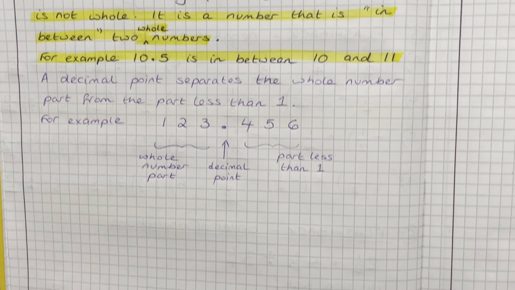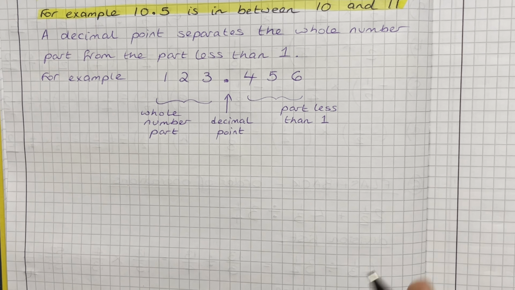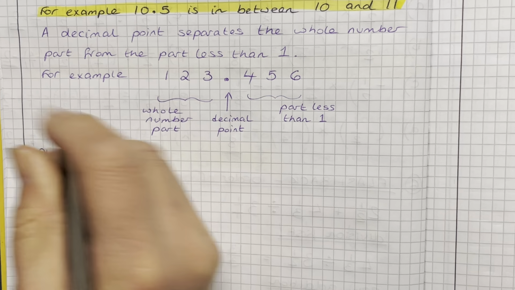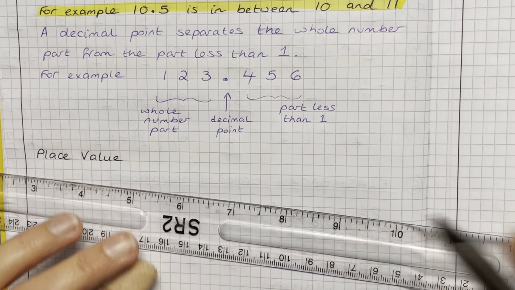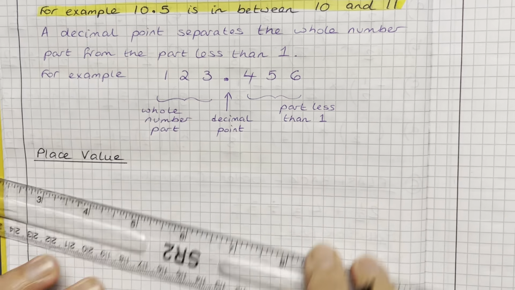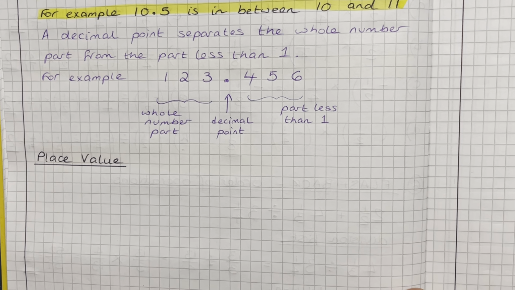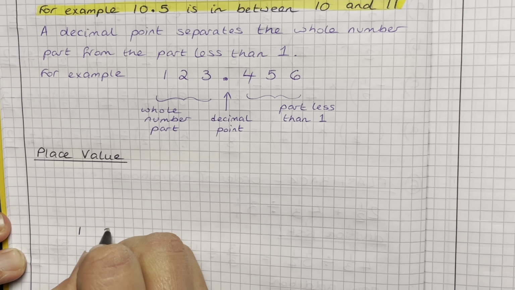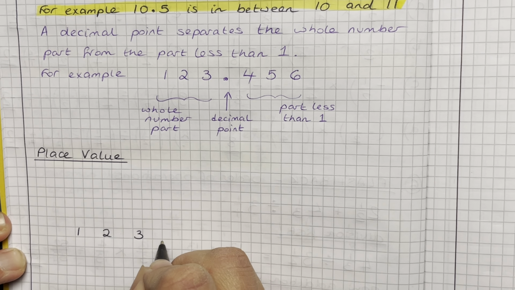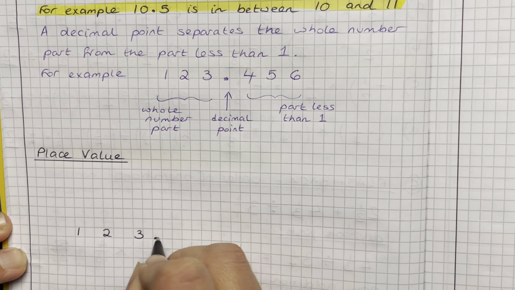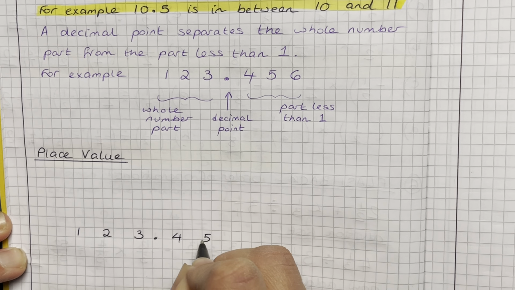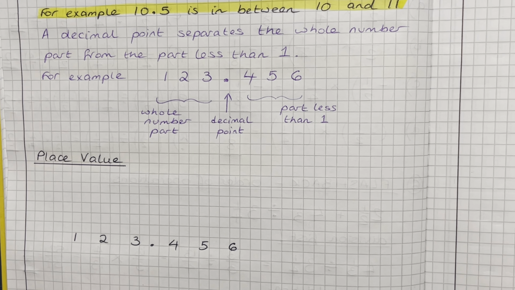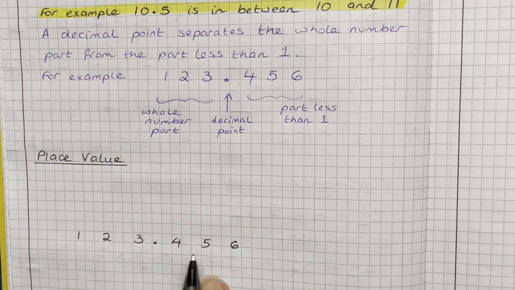Let's quickly look at place value. Okay, so let's look at a number. Let's use the same number, why not? 123.456. Let me draw this out before you copy it down so you can see what I'm doing. So I want to label the columns for my number.